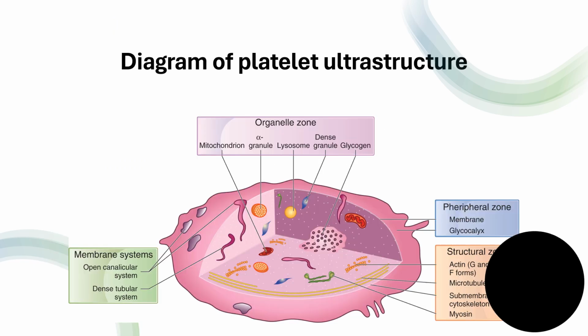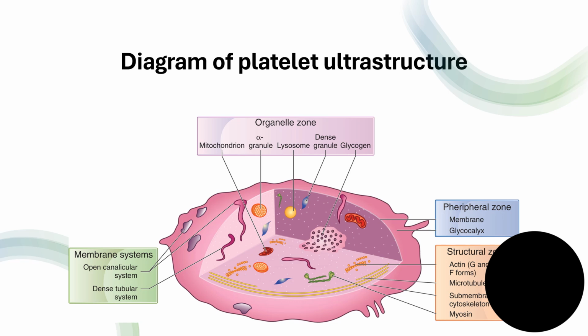Platelet ultrastructure is composed of distinct zones that support their role in hemostasis. First, let's include the peripheral zone. This contains the plasma membrane with glycoprotein receptors like glycoprotein 1b and 2b/3a, which are crucial for adhesion and aggregation.